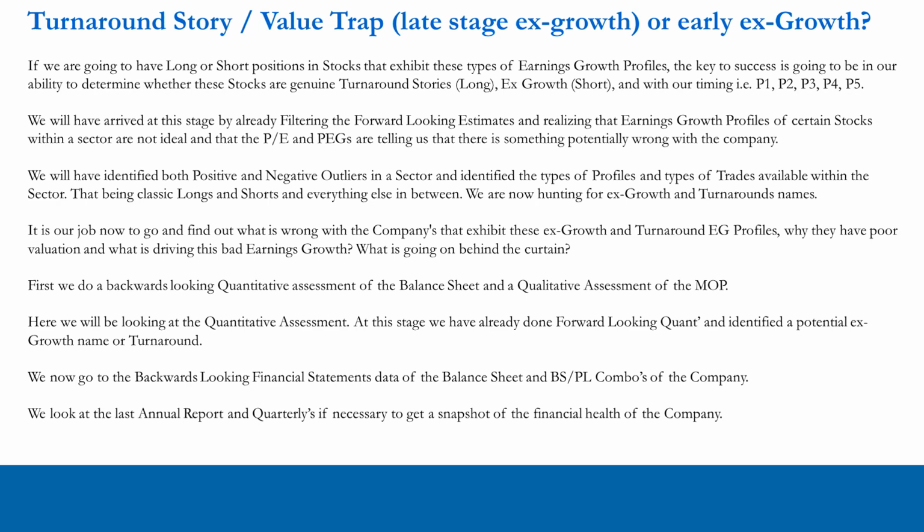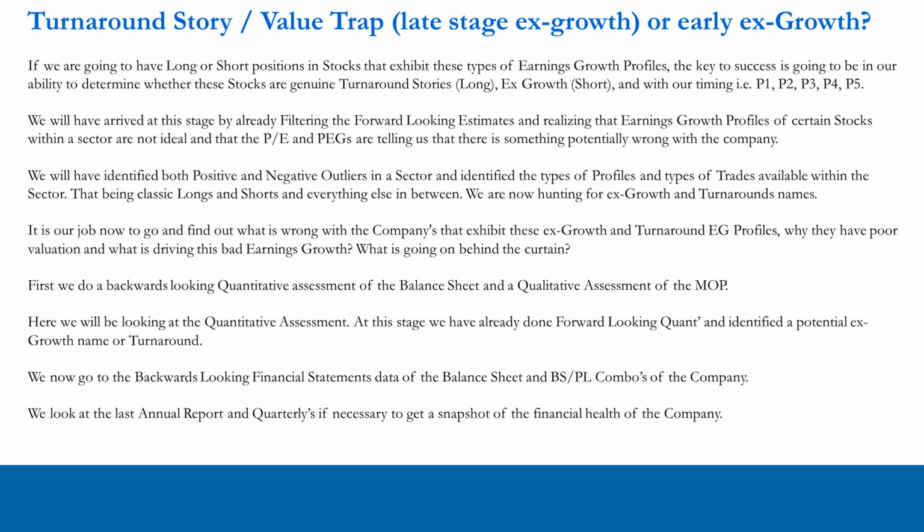At this stage of our quantitative process, we will have got to this stage by already filtering the forward-looking estimates and realizing that earnings growth profiles of certain stocks within a sector are not ideal, and the price earnings ratios and pegs of those stocks are telling us that there's something potentially wrong with the companies.